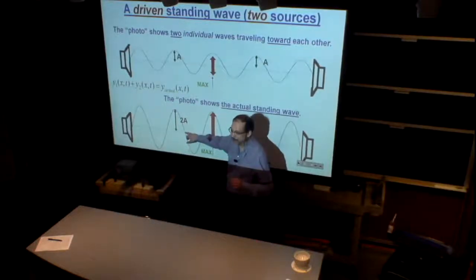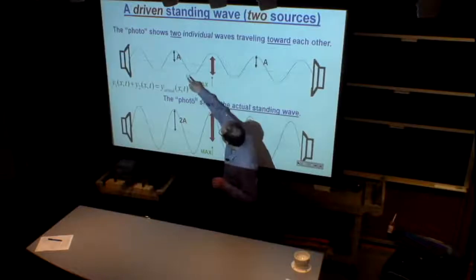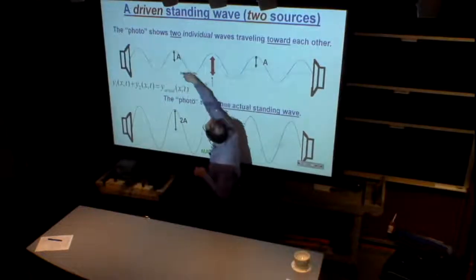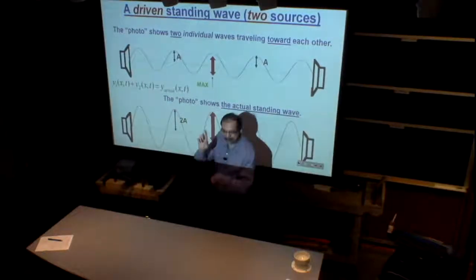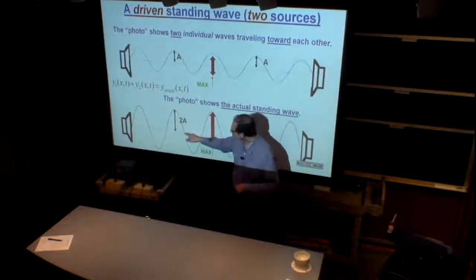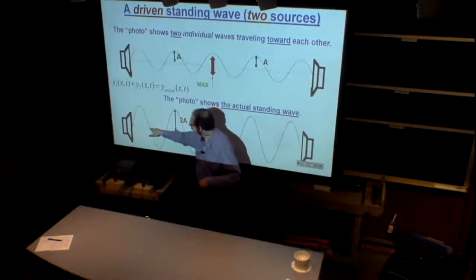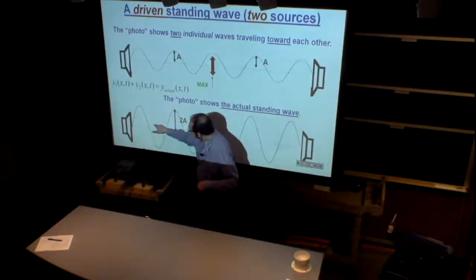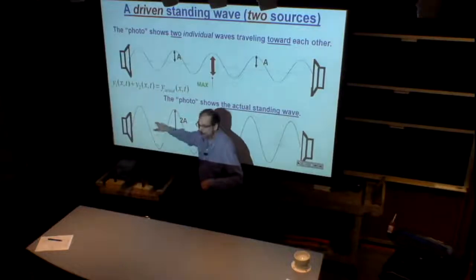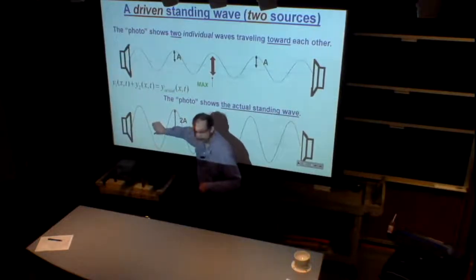There is nothing here, because individual wave number one and individual wave number two will be canceling out each other. But only here, and only here, and only here, somewhere between these points, the actual wave will move up and down, with a relatively small span and larger.